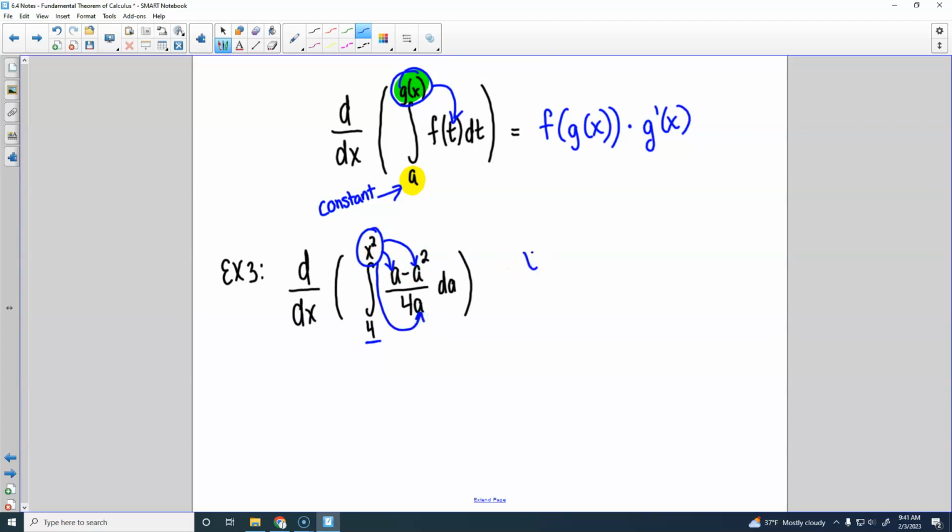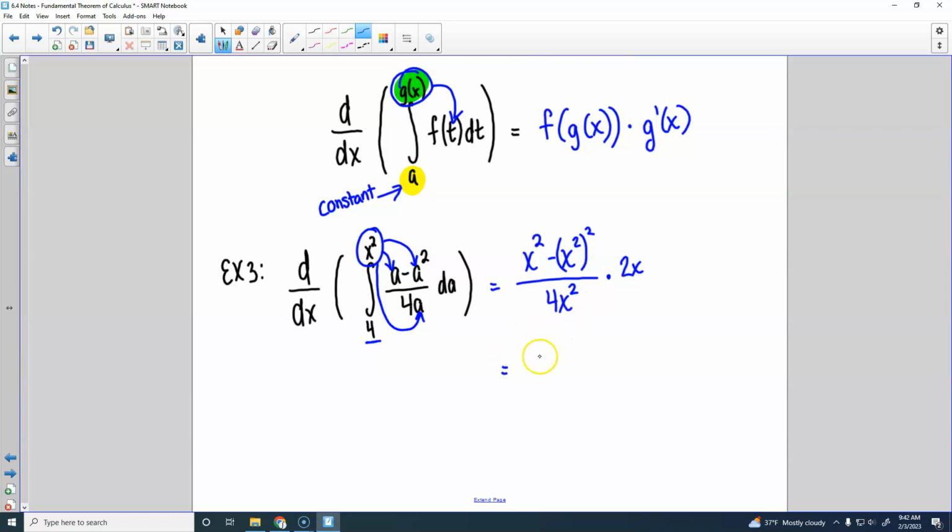So we'll have x squared minus x squared squared over 4x squared. And we must multiply that by the derivative of x squared, which would be 2x. Technically, you can use the same rule if you just have an x, because what's the derivative of x? 1, so you can use the same rule.